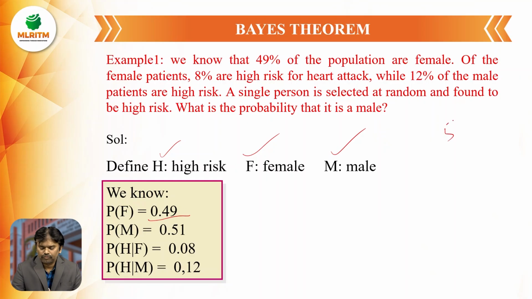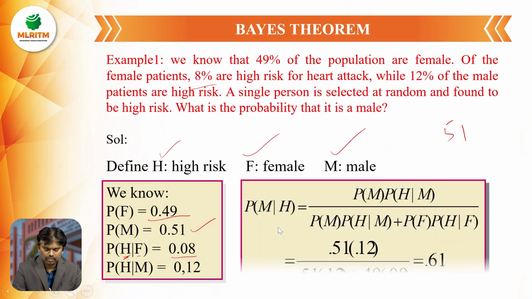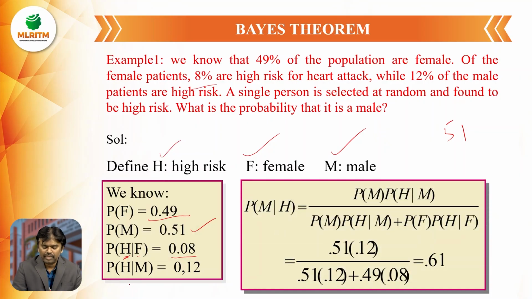From 100, 49% are female, the remaining 51% are male, so the probability of male is 0.51. After selecting a female, the risk of heart attack, H is the heart attack, so P of H by F is equal to 8%, that is 0.08. Next, P of H by M is equal to 0.12, that is, 12% of males have a heart attack.